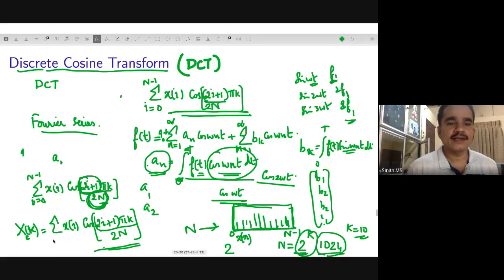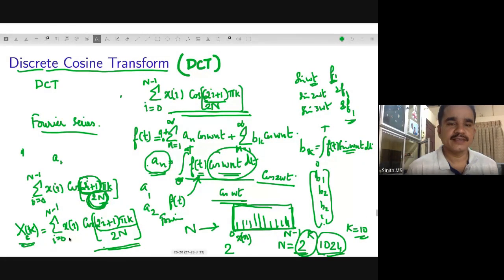If you take i equal to 0 to n minus 1, what basically happened in, say, the Fourier series, where this can be considered as a coefficient, is that you have discrete terms here instead of f of t, which is continuous.